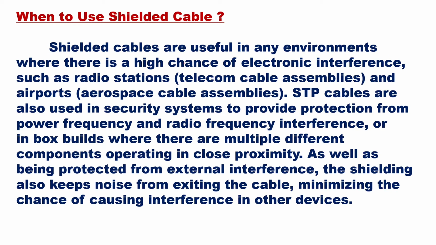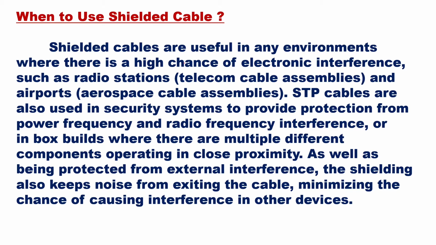So when to use shielded cable? Shielded cables are useful in any environment where there is a high chance of electronic interference. This is very important. Whenever an application has a high chance of electronic interference, such as radio stations, telecom or cable assemblies, airports, and aerospace cable assemblies.